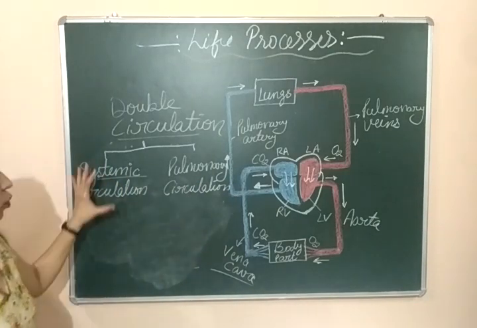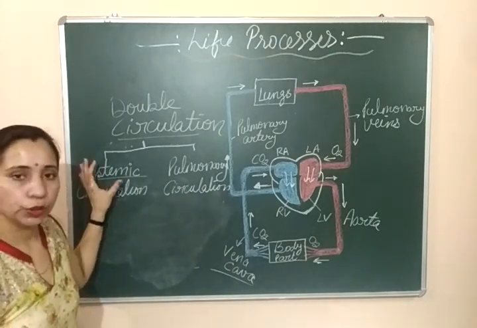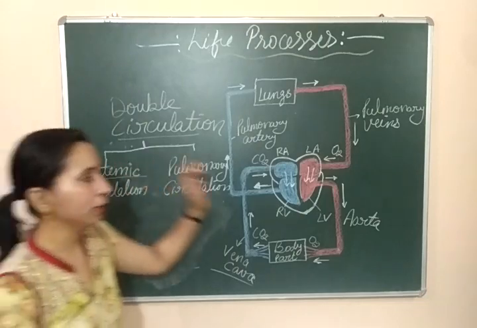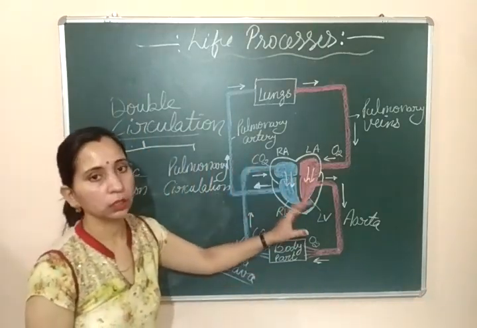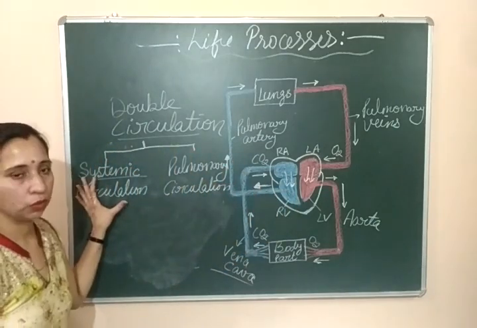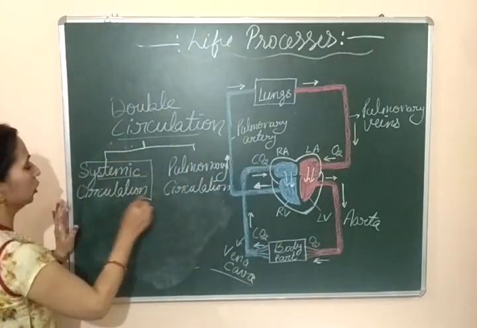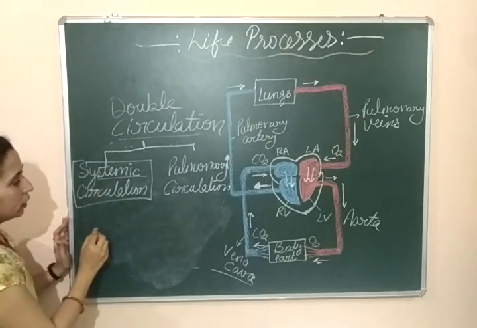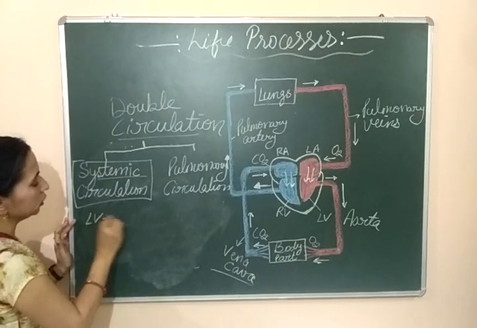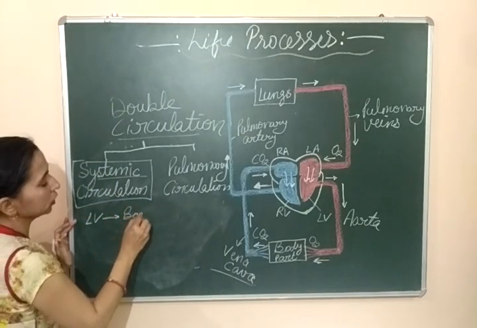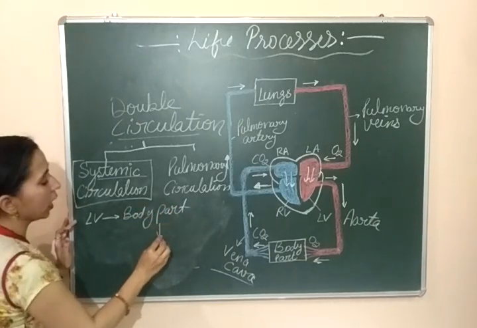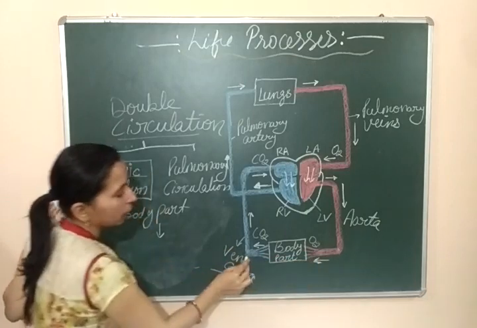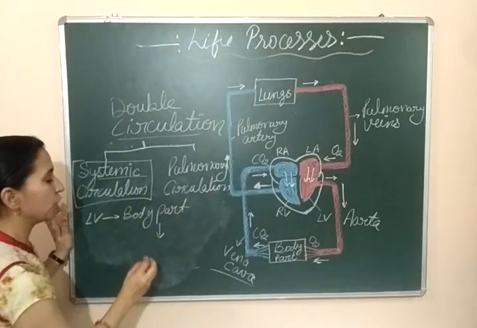This is the circulation of blood, or transportation of the blood, from heart to body parts and from body parts back to the heart. So in the systemic circulation, blood is going from the left ventricle to body parts, and from body parts it's coming back to the right atrium.